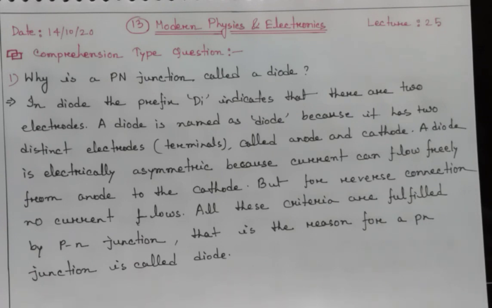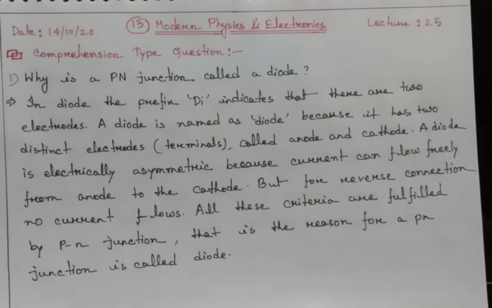Just as in a p-n junction, you have known that whenever we connect the battery in forward connection, if we bias the p-n junction as forward biased, that allows current to flow. But in case of reverse bias, there is no current flow.